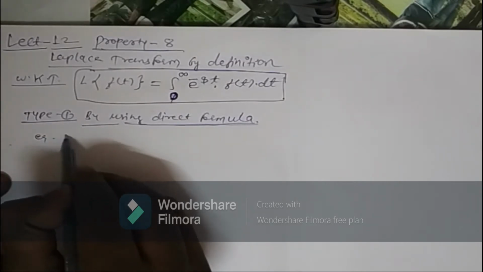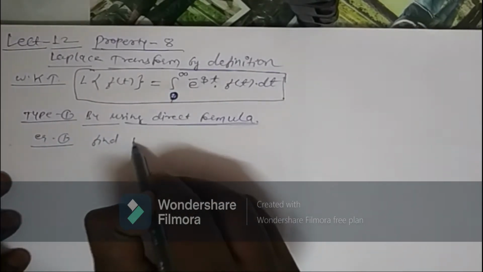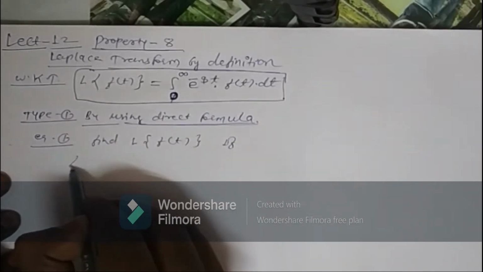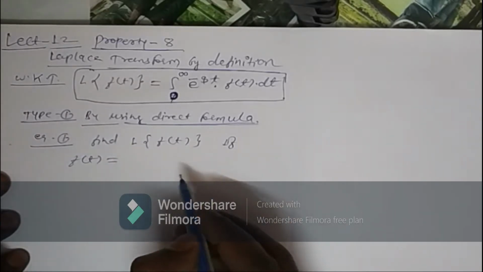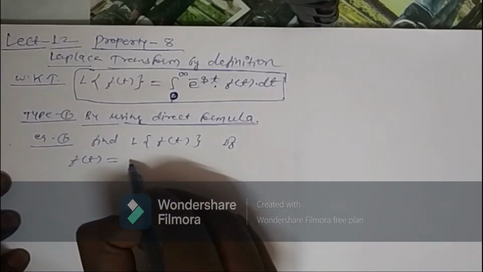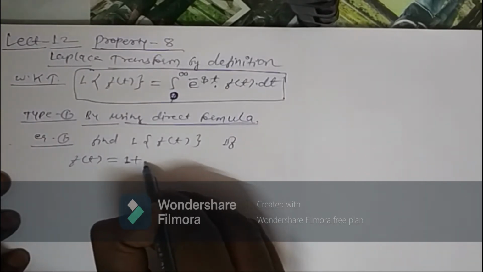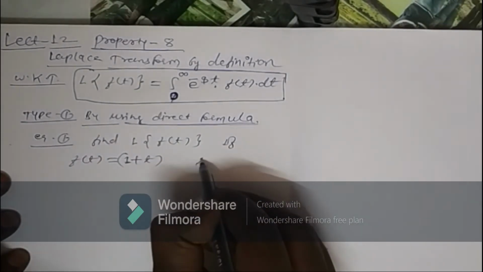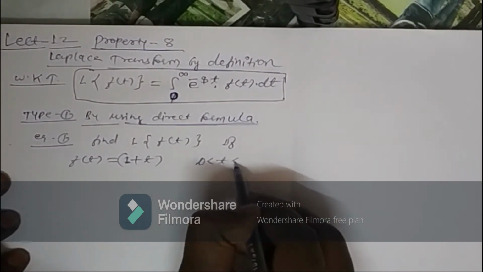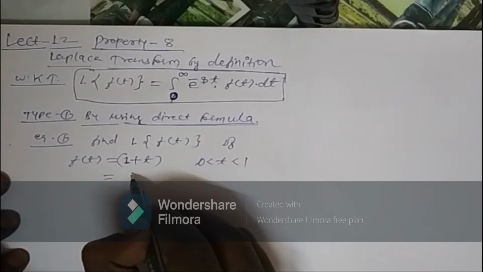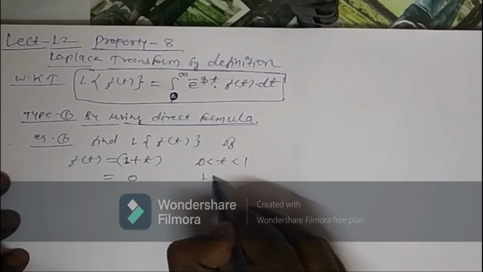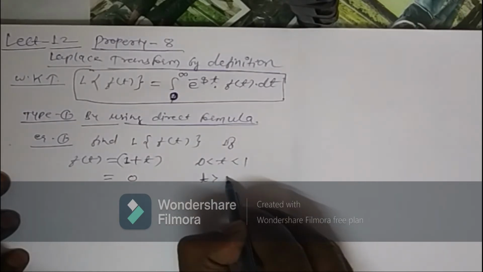Example number 1: find Laplace transform of f of t if f of t is equal to 1 plus t for 0 less than t less than 1, and that is equal to 0 for t greater than 1.